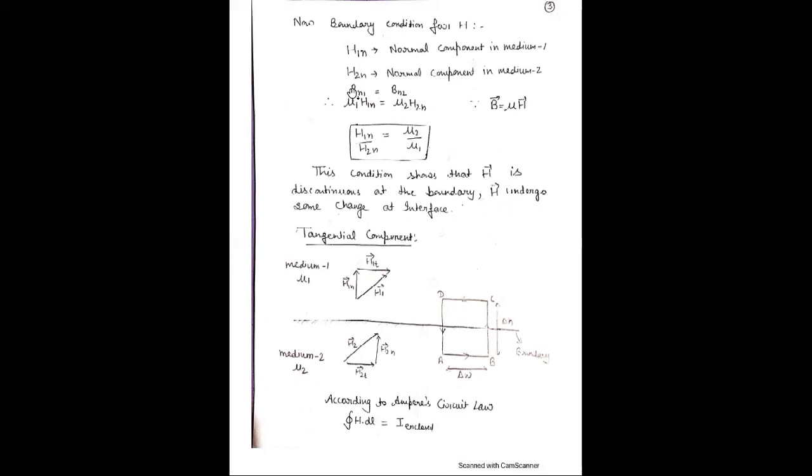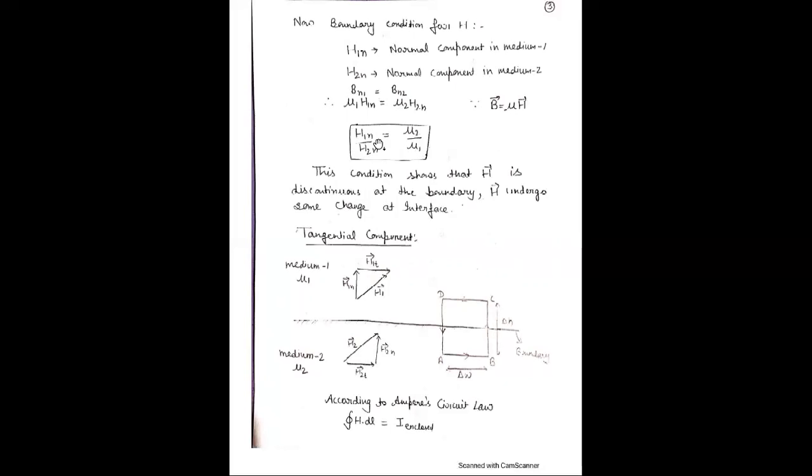Put the value: there is a relation between B and H, B is equal to mu H. In the first medium, mu is replaced by mu1, giving mu1 H1n, and in the second medium mu2 H2n. From here, H1n divided by H2n is equal to mu2 by mu1.